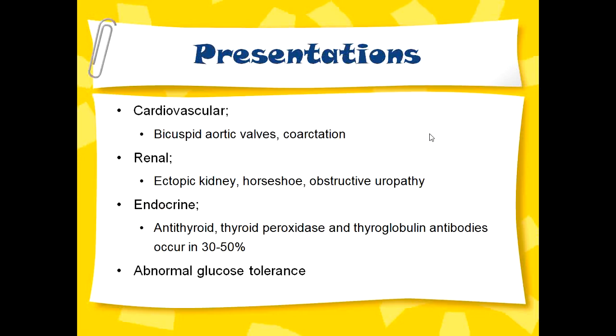Cardiovascular abnormalities include bicuspid aortic valve and coarctation. Renal disorders include ectopic kidney, horseshoe-shaped kidney, and obstructive uropathy. While in the endocrine system, they can have antithyroid, thyroid peroxidase, and thyroglobulin antibodies.